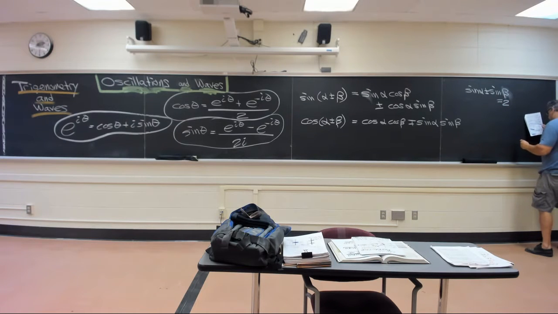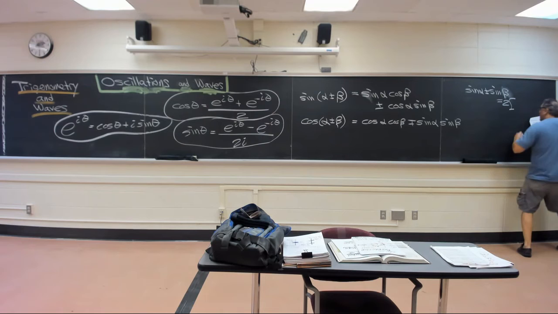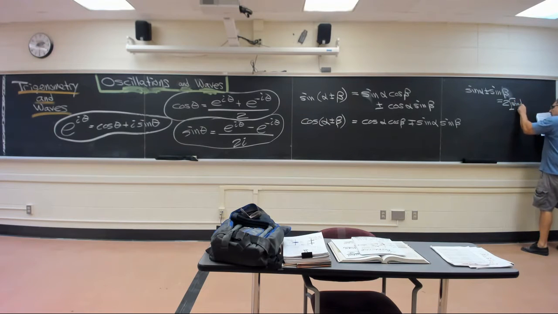But let's see what we can say here, guys. Let me get better chalk, guys. Sine of a half alpha plus beta times cosine of a half alpha minus plus beta. Okay, now we'll talk in a little bit about this, guys.